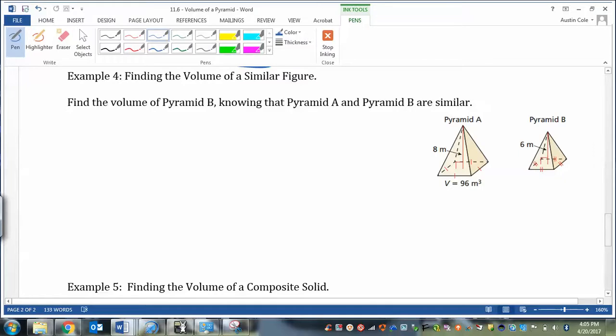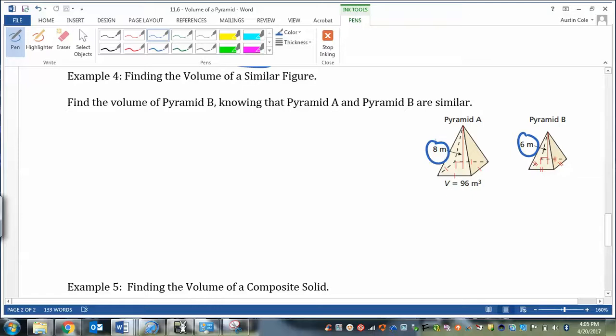All right, let's find the volume of a similar figure. Okay, remember similar figures are proportional, right? Every dimension is going to be proportional to itself. So I think the easiest way to start this one is to look at both pyramids and say, okay, I'm going to take the height of pyramid B and divide it by the height of pyramid A, because we know the height for both of them, right?